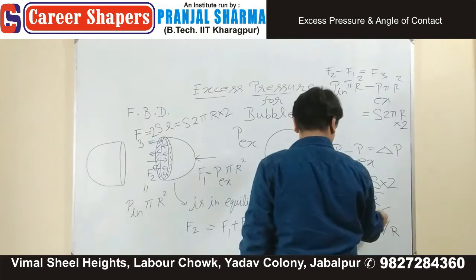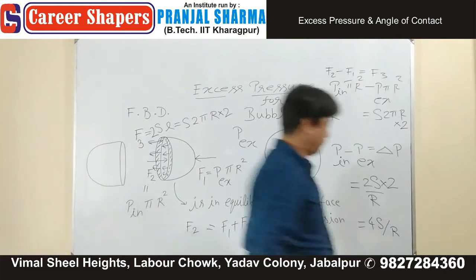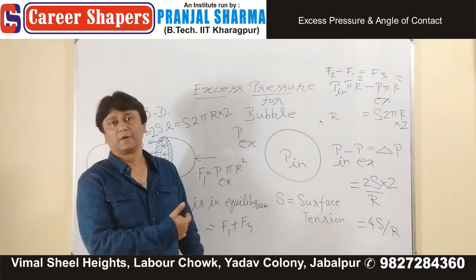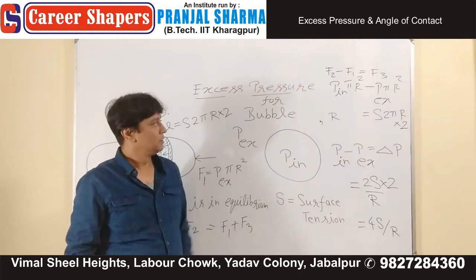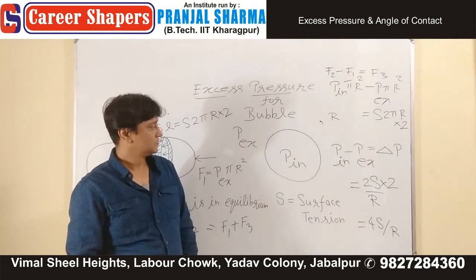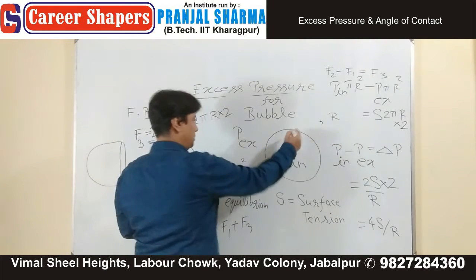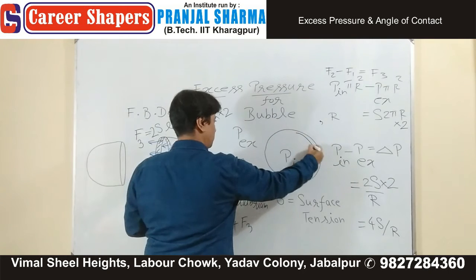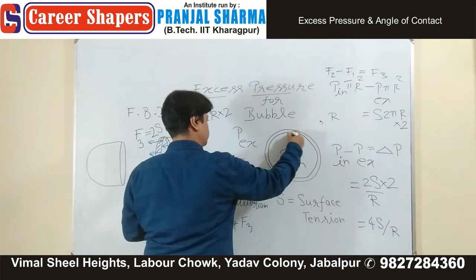So excess pressure for a soap bubble is 4S divided by R. Note down this. This time we have a soap bubble. You can show an inner surface.